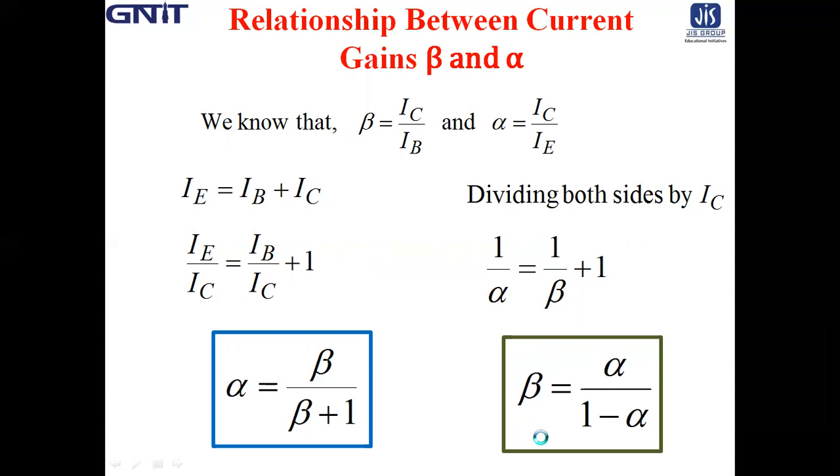This is a very vital point. As alpha is close to 1, naturally the beta value is very large. That means current gain is very large. That is why common emitter configuration is used universally and everywhere, in almost all transistor circuits.